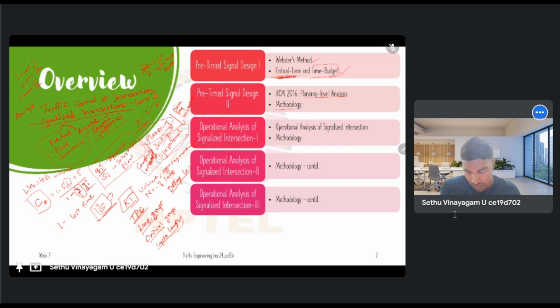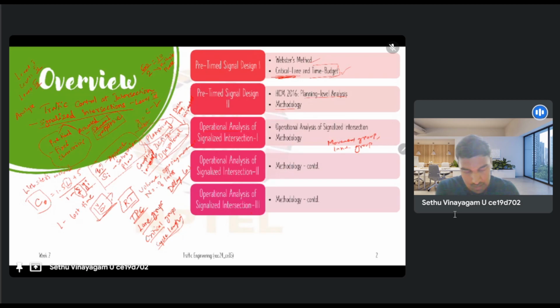Here we look at both movement groups as well as lane groups. Compared to lane groups, movement groups are a simpler classification of your different movements in the approach, right?